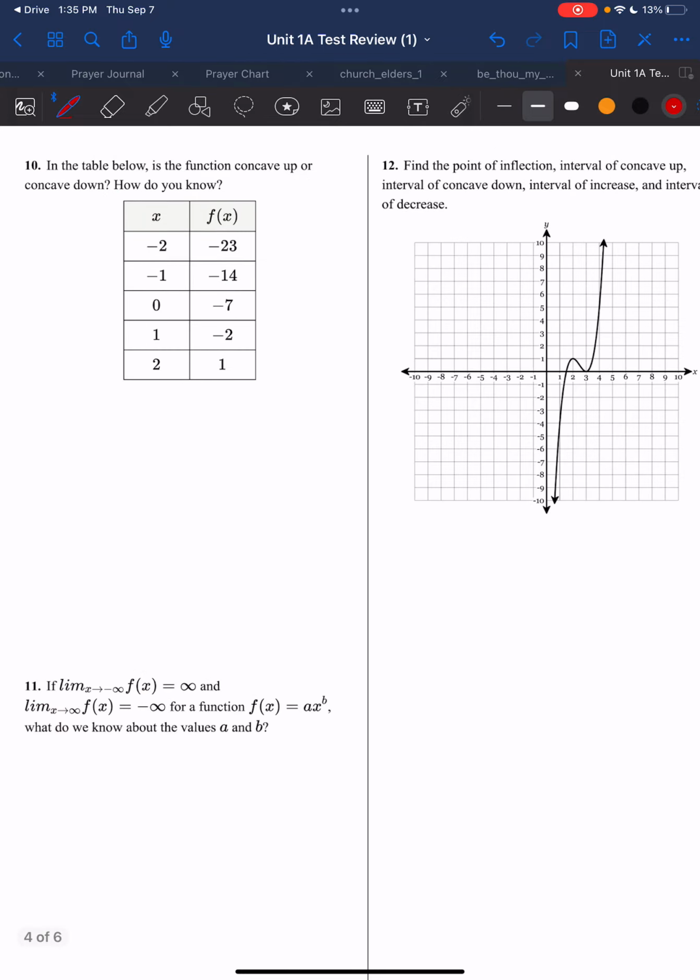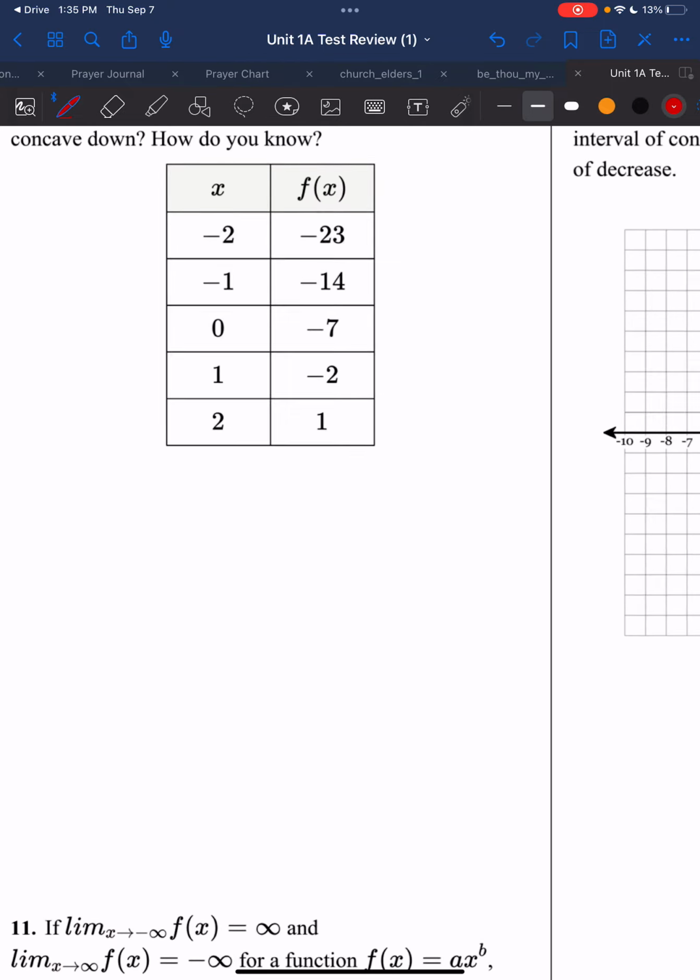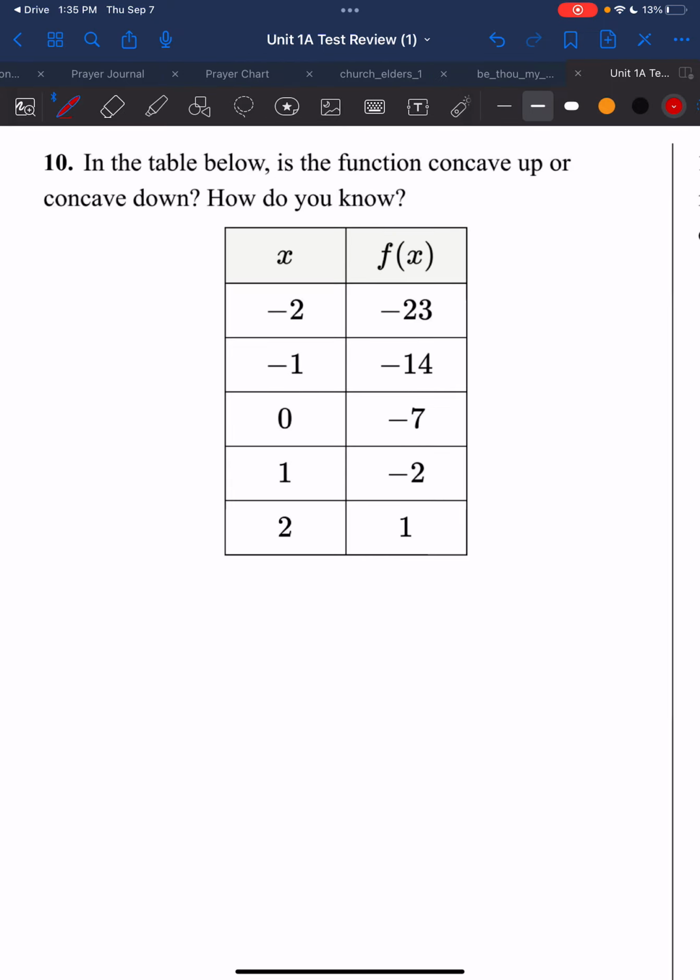Okay, one more. It says in the table below, is the function concave up or concave down, and how do you know? Well, let's think about this for just a second.